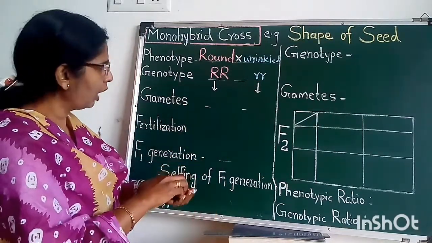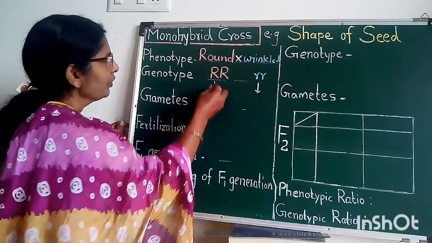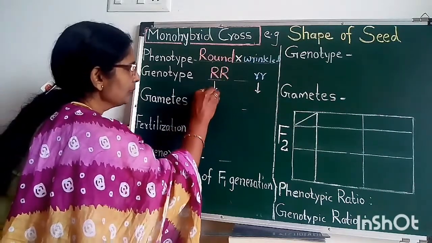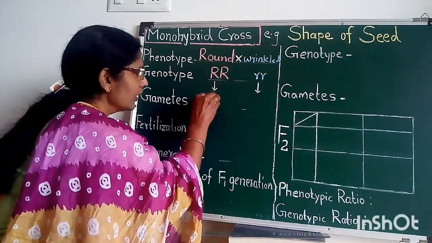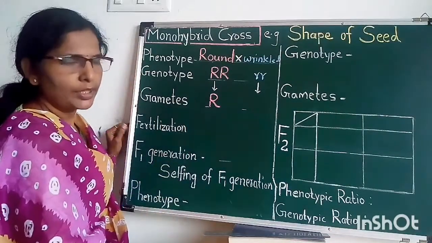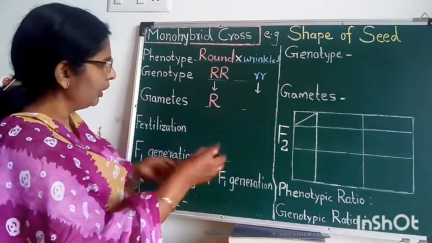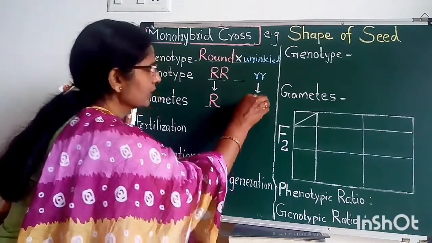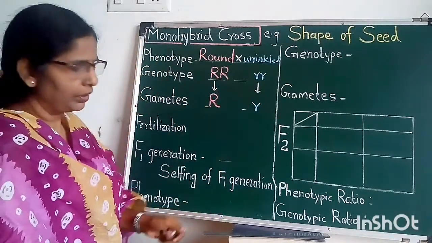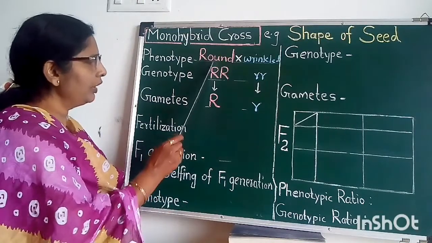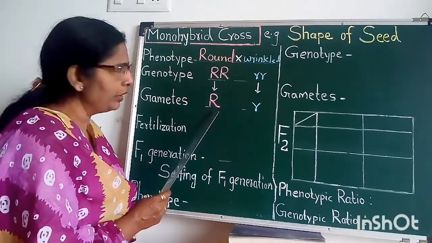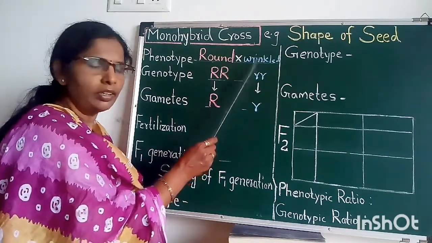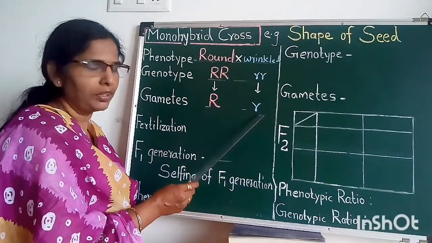Now the gamete that will be formed from male parent is this, the male gamete. In the female parent also we will get another gamete, and this is the female gamete. So from male parent we have got male gamete, from female parent we have got female gamete.